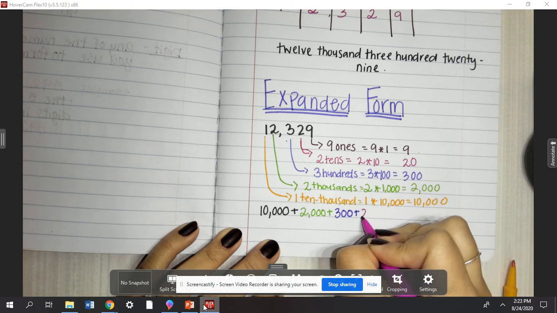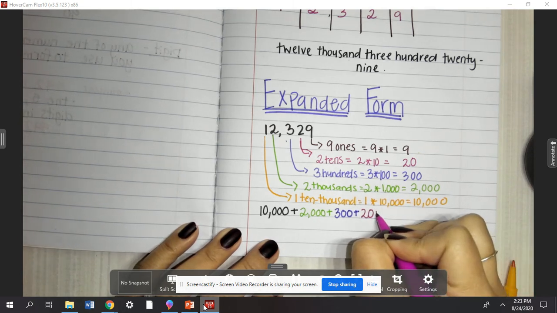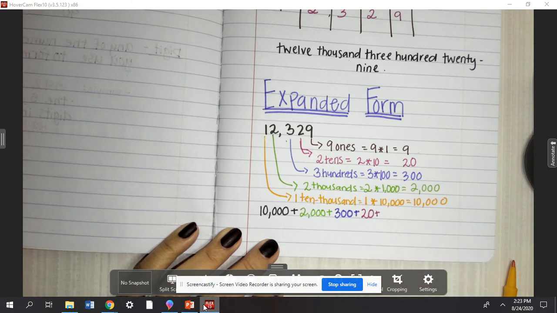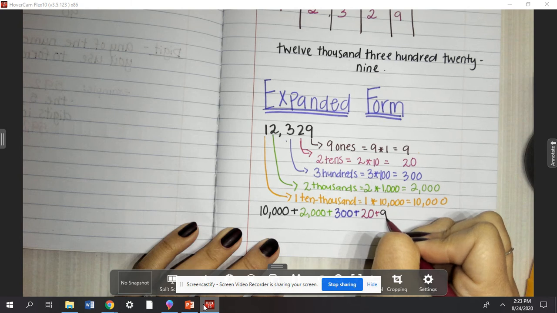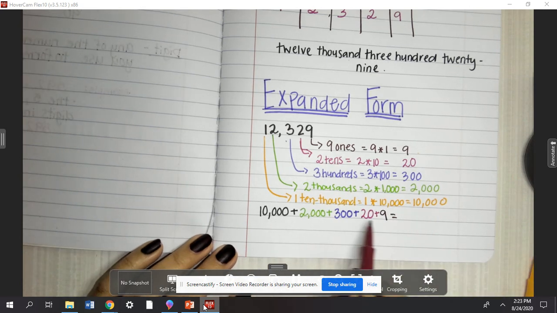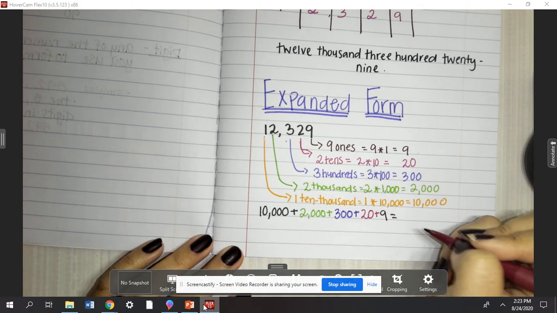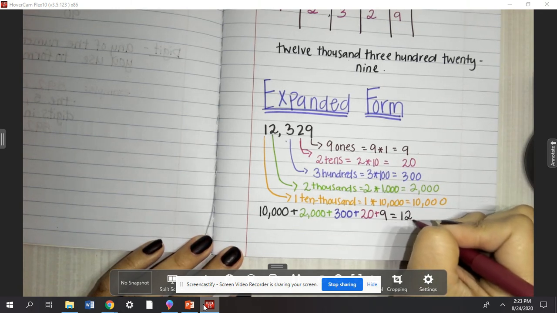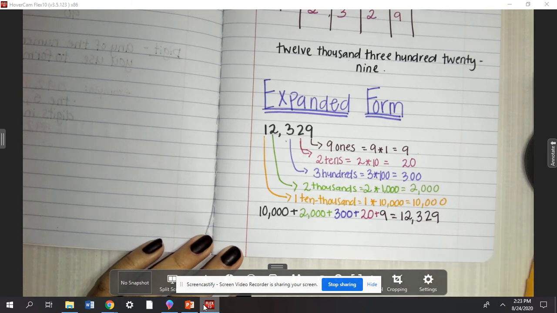I had 2, which is a value of 20, because remember 2 times 10 is 20. And then the last one I have is in my ones place, 9. So if I were to add all of these together, what would I get? I would get 12,329.